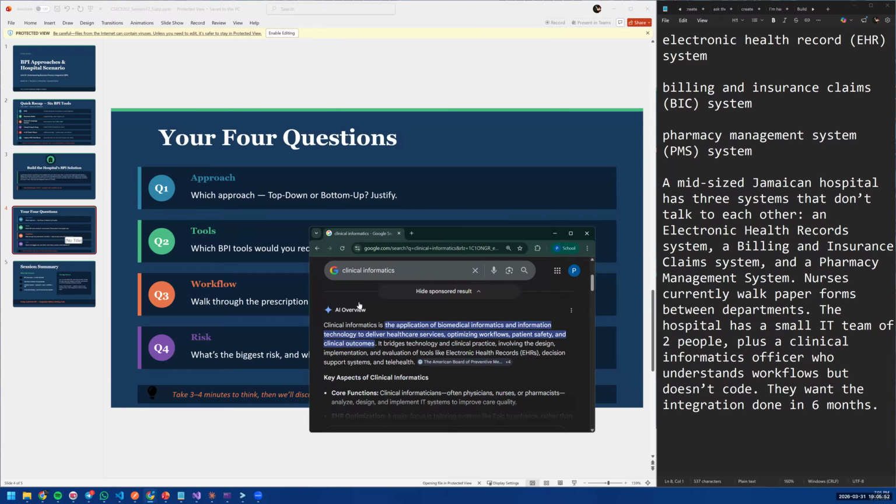There are a few other key points that were made that point more toward top down being more suitable, especially since it's a hospital.